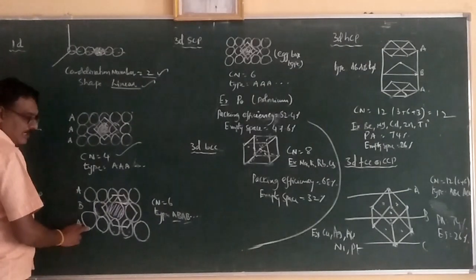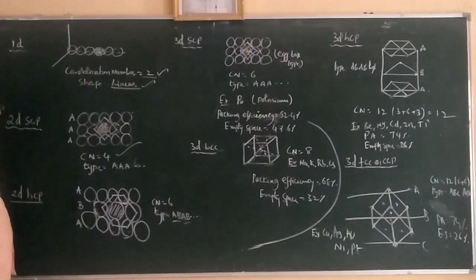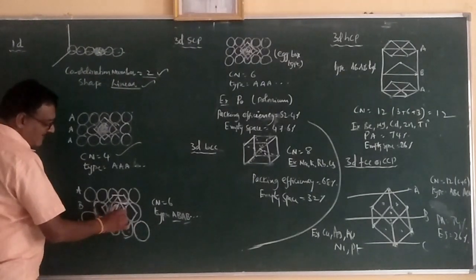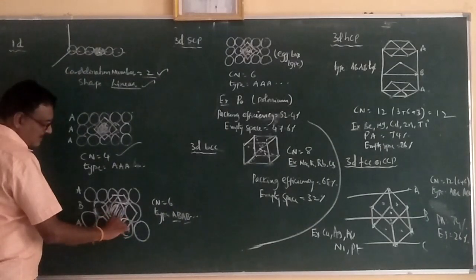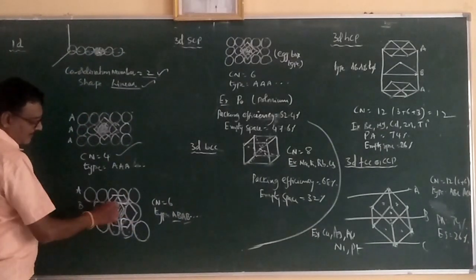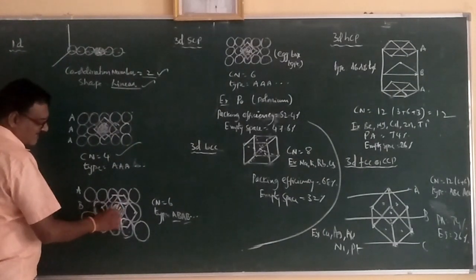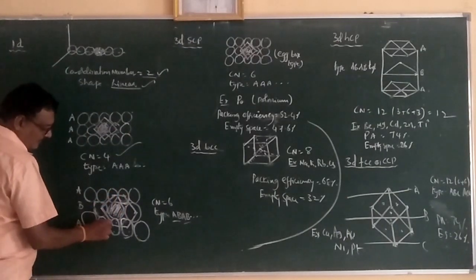The first, third and fifth layers are the same, and the second, fourth and sixth layers are the same. What is the coordination number here? This sphere touches all the spheres around it: 2 here, 1 here, 2 here. How many spheres touch the middle sphere? 6.